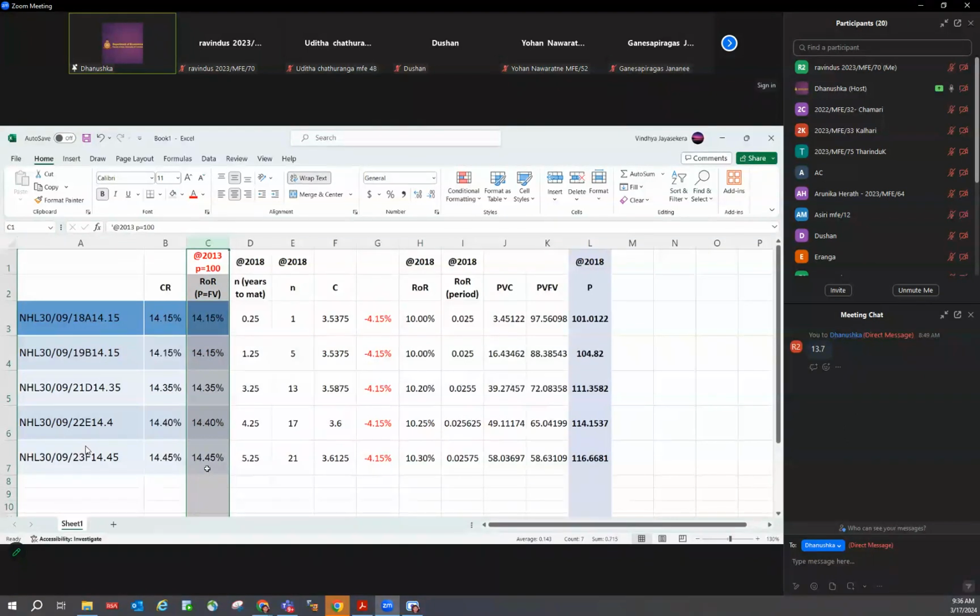For the 10-year bond, I wanted a return of 14.45. There was a slight term premium between the 10-year and the 5-year. Assuming the same term premium stands, if my required rate of return for the 5-year is 10%, my required rate of return for the 10-year is 10.3%. So I just made a small change here. It didn't make a huge change in our answers. From 118, this dropped to 160, because this from 10% now became 10.3%.